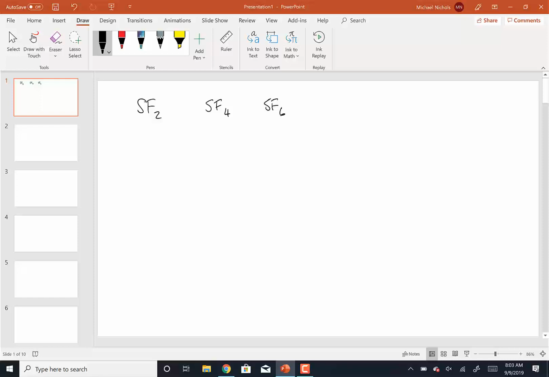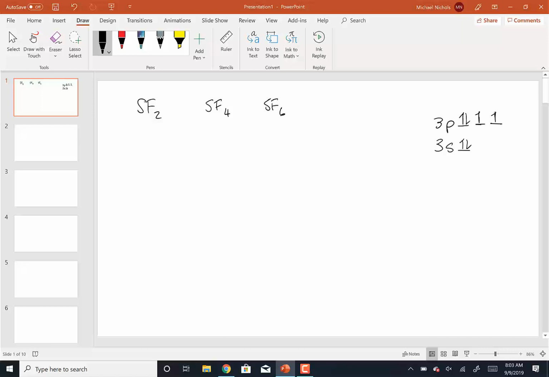Sulfur is right below carbon on the periodic table. So we would start then with a 3s orbital and a 3p orbital. And so we would have 1, 2, 3, 4, 5, and 6.